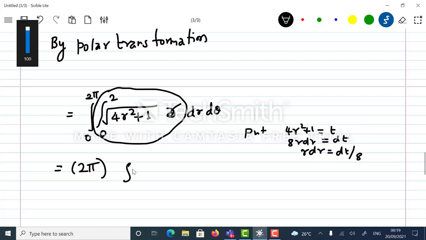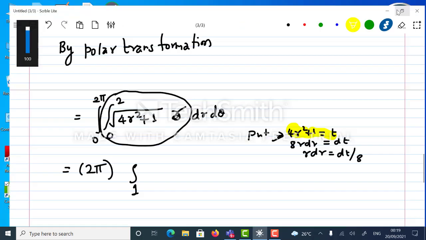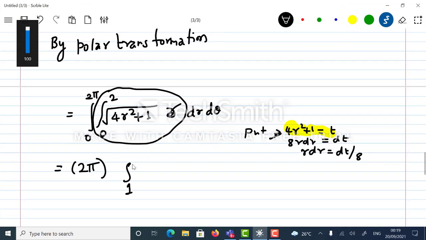When r is equal to 0, t is equal to 1. When r is equal to 2, substitute here: 4 into 4 is 16, 16 plus 1 is 17. So the limits are 1 to 17. This is under root of t, and r dr will be dt upon 8.